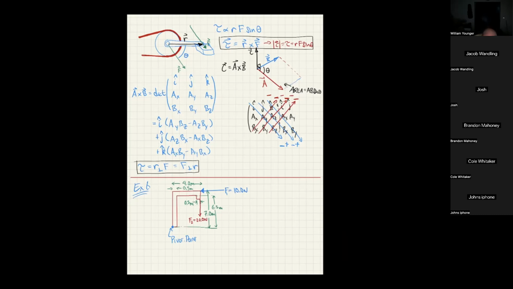So what we can see right here is there's various forms for us to calculate our torque. So the solution we're going to do here is torque is equal to R cross F, but torque is also equal to R perpendicular times F, and torque is also equal to F perpendicular times R. So the R vector is supposed to go from the pivot point to the point of application of the force.